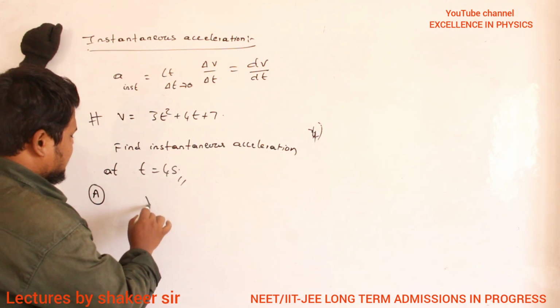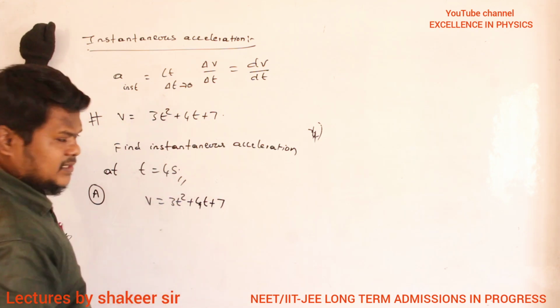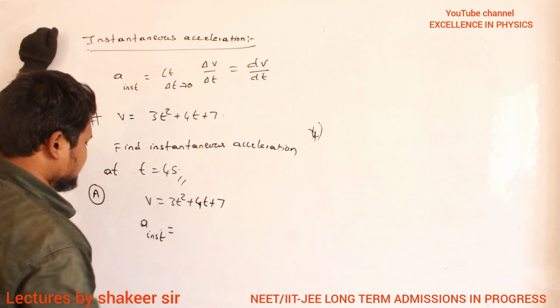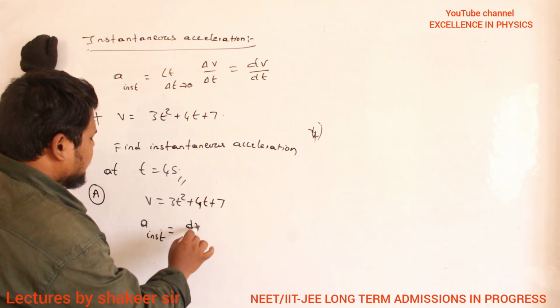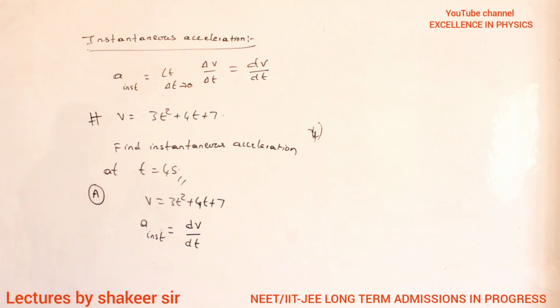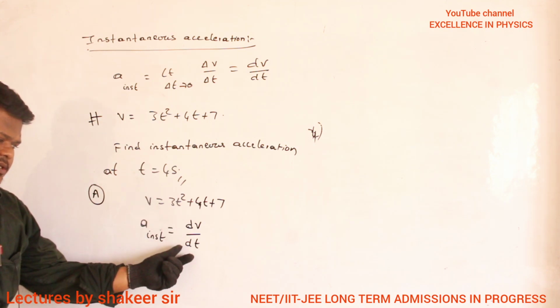So equation of velocity is given now, 3t square plus 4t plus 7. Clear? And I am supposed to find out instantaneous acceleration. What is the equation for instantaneous acceleration? A is equals to dv divided by dt. This is the equation now. Instantaneous change in velocity divided by instantaneous very small change in time.